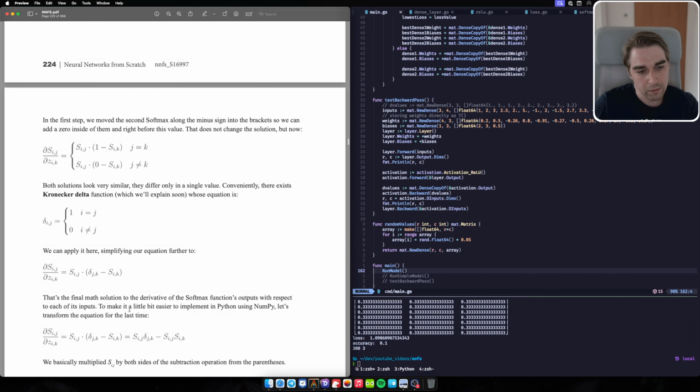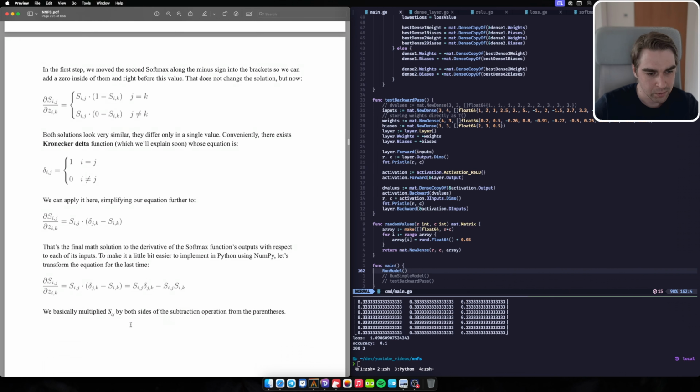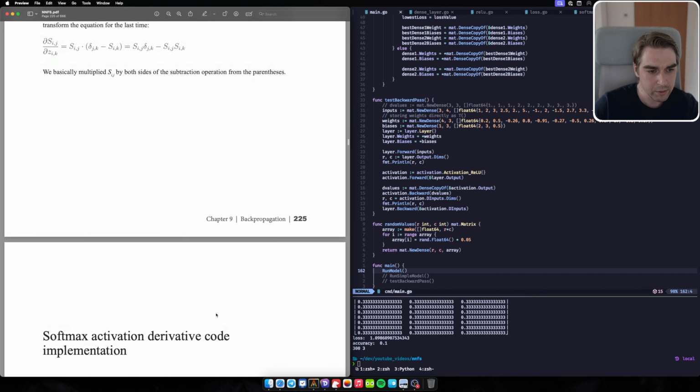That's the final math solution to the derivative of the softmax function's output with respect to each of its inputs. To make it a little bit easier to implement in Python using NumPy, let's basically multiply the softmax by both sides of the subtraction operation from the parentheses.